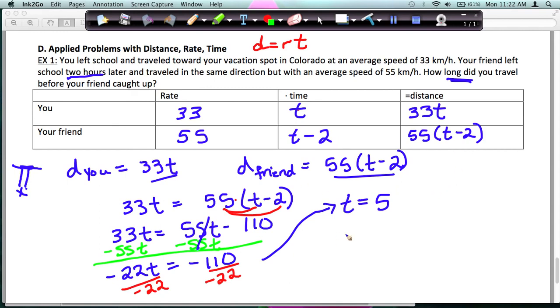If you write something down and it doesn't make sense, you write down it doesn't make sense, and maybe it's just a small error, but that shows you're really thinking about the problem and that something might have gone wrong and you just can't figure out what it is. But in this case, we get 5, and so how long did you travel is your time, t, and then don't forget your units. So you traveled for 5 hours before your friend caught up to you.